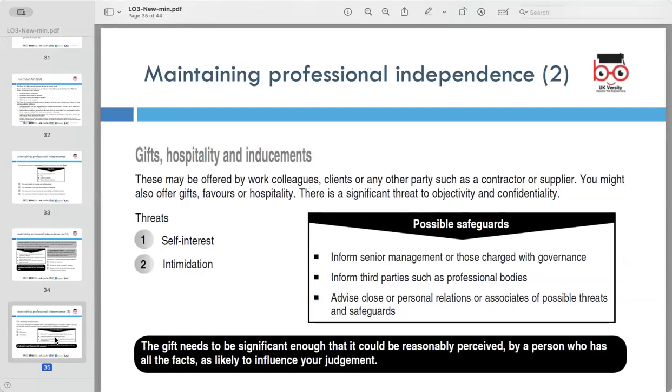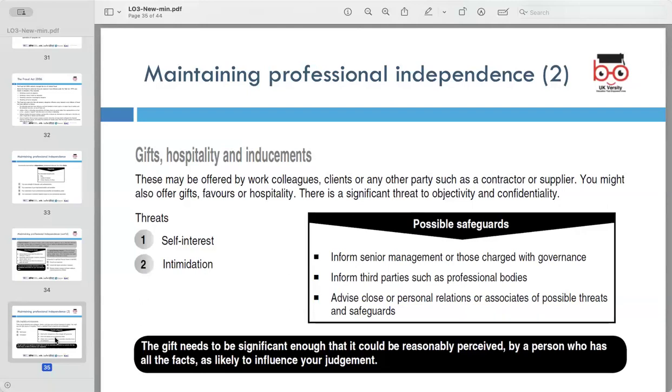Gifts, hospitality, and presents pose potential threats to the objectivity and confidentiality of accountants, whether offered by colleagues, clients, contractors, or suppliers. So such gestures can compromise professional judgment and integrity.